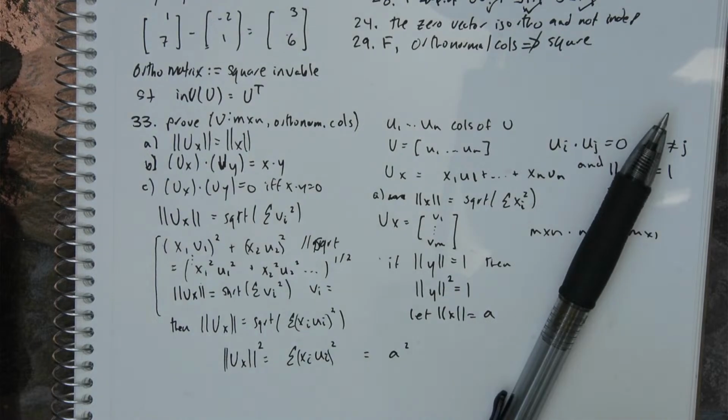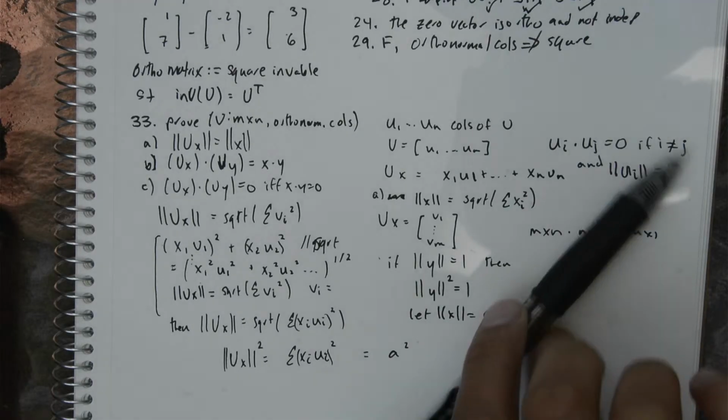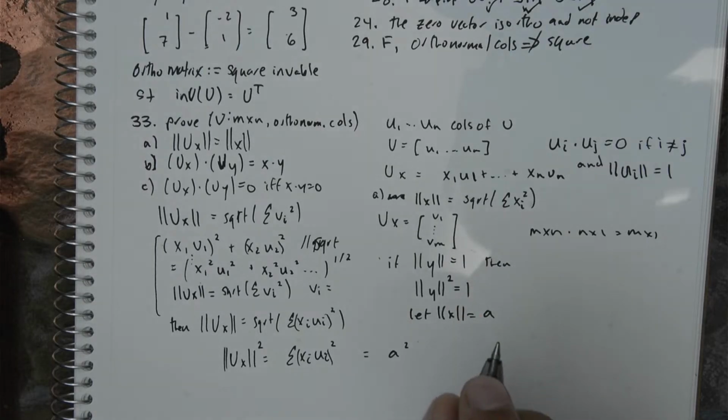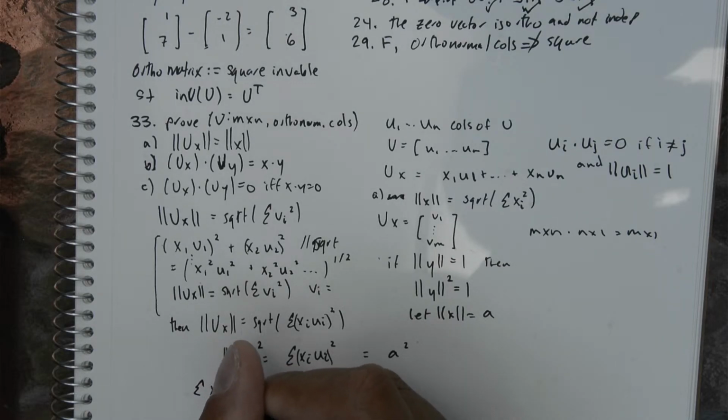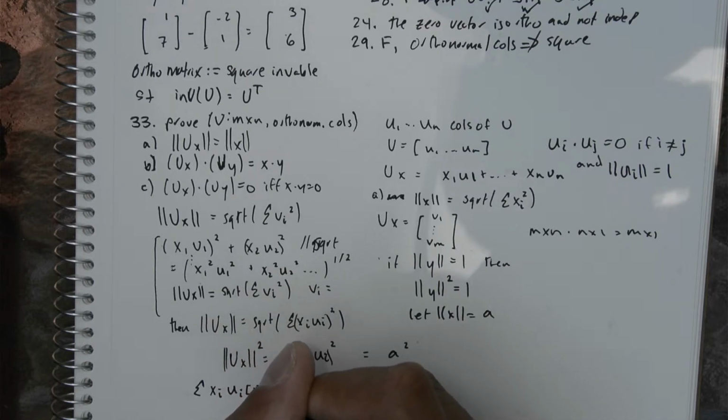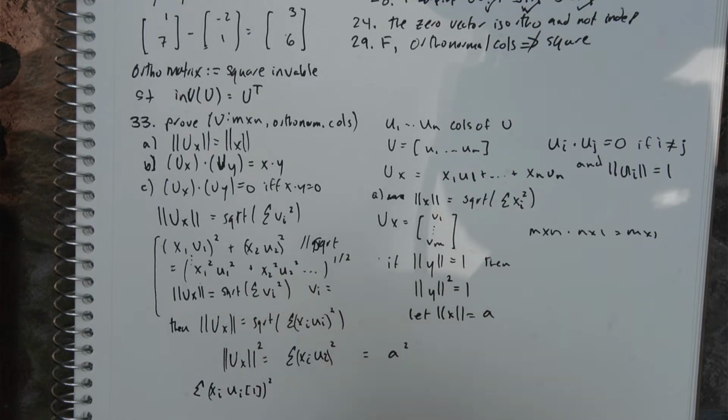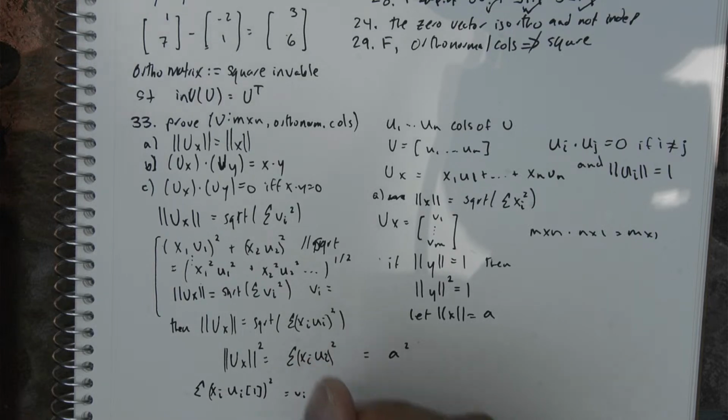All right, let's. So it's really xi ui1 squared is equal to vi.